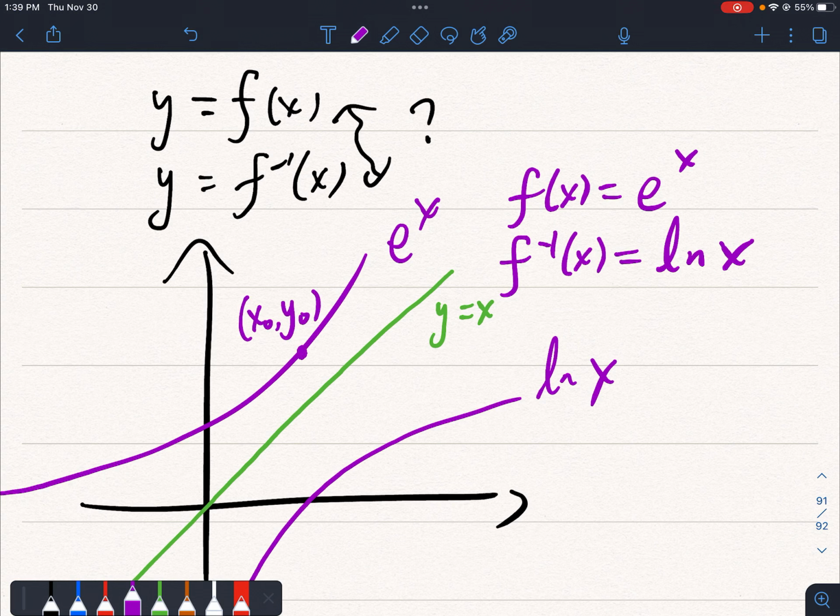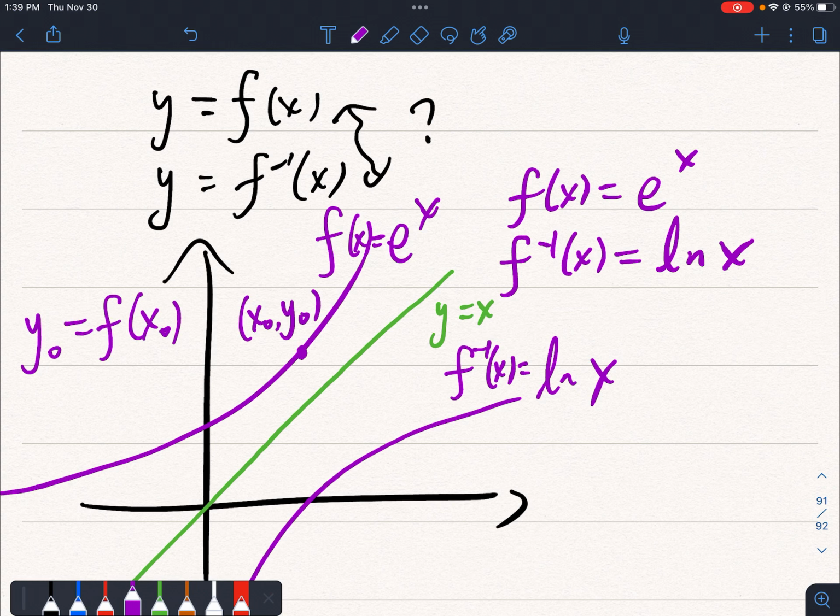The reason why it's true is because, for example, if this point is called x naught comma y naught, what does it mean? Let's call this f of x, okay? And this is f inverse of x. Then this means that y naught is equal to f of x naught, right?